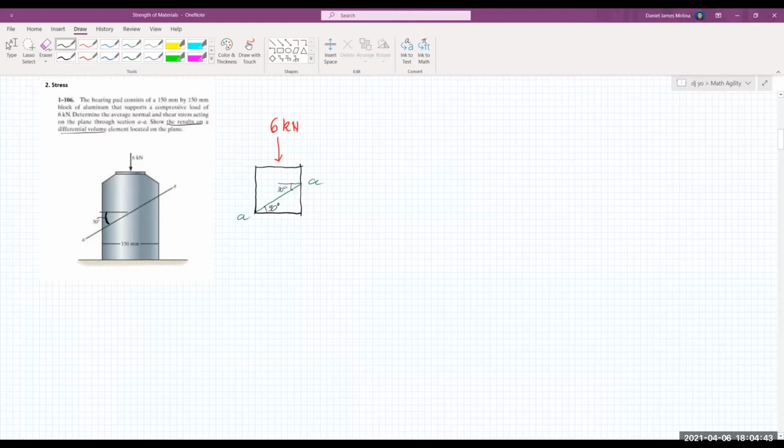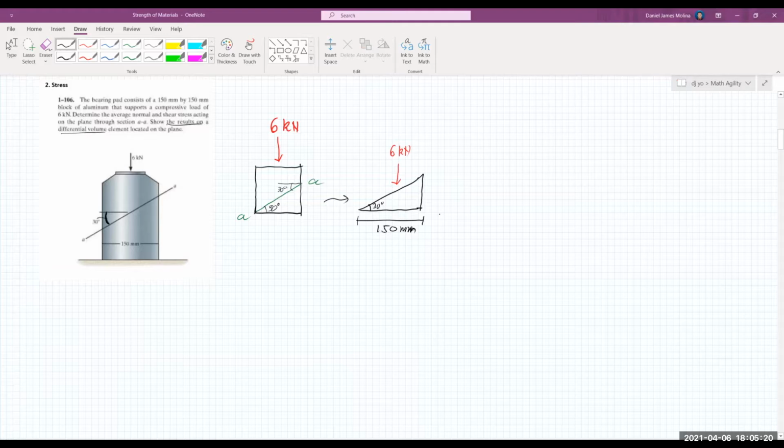So for us to solve the average normal and shearing stress at that plane, it will be easier if we transmit that load and expose it at the plane itself. Let's have this one, 30 degrees. And then actually we can have this length. Let's have this length as 150 millimeters, so that it is easier for us to solve.